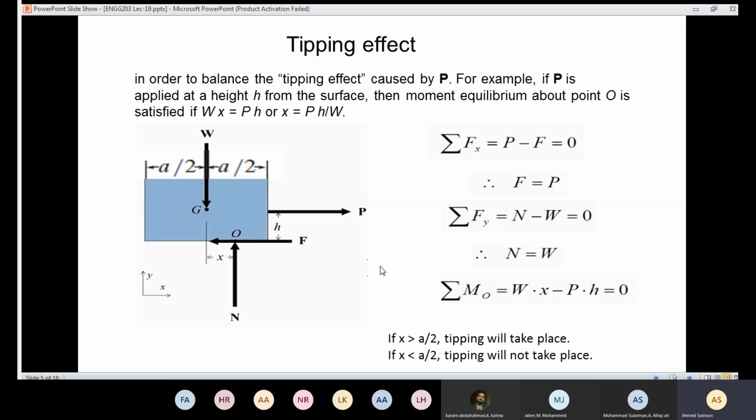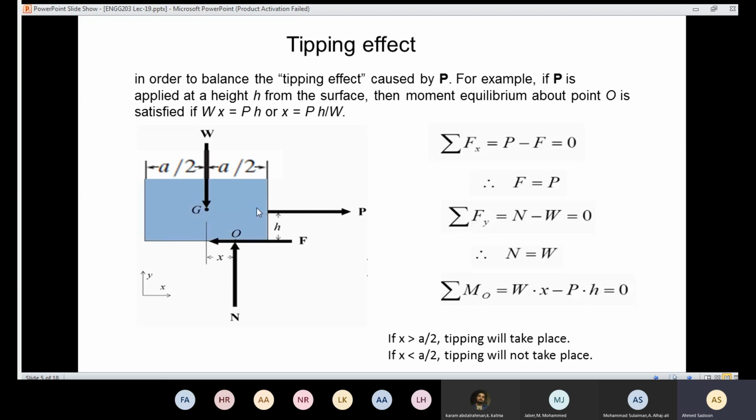Also, in order to know whether turning over is going to take place or not, we are going to take a moment at the point O. If I take the moment about point O, then F is going to be cancelled and N is going to be cancelled. Only W and P are going to cause a moment. The value of P is going to cause a moment because of that height.